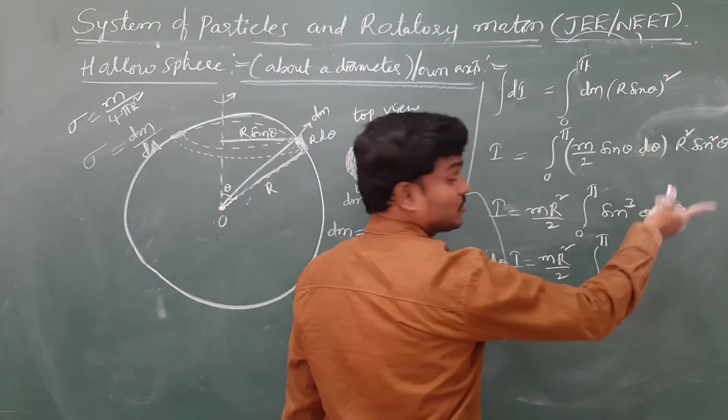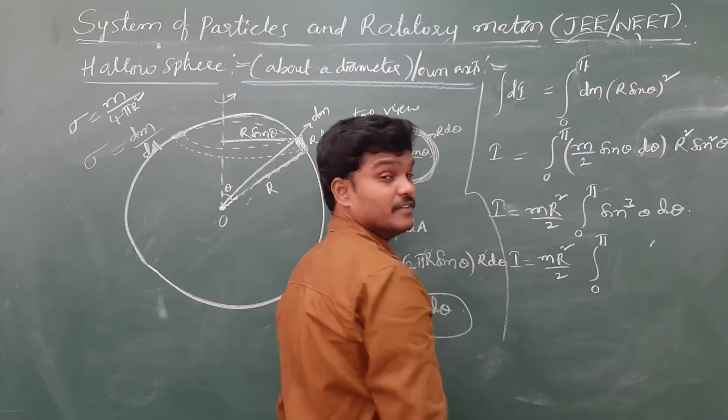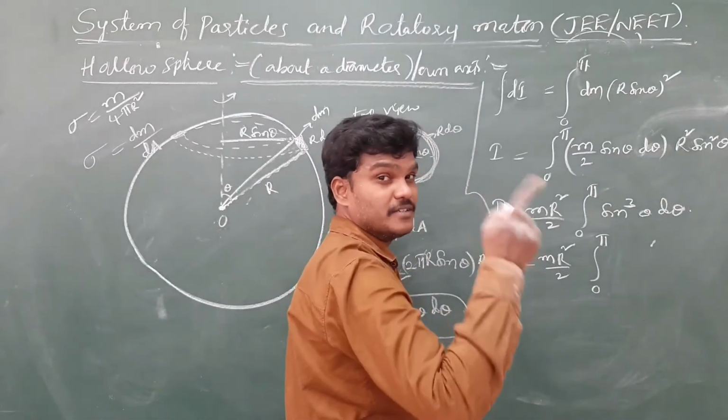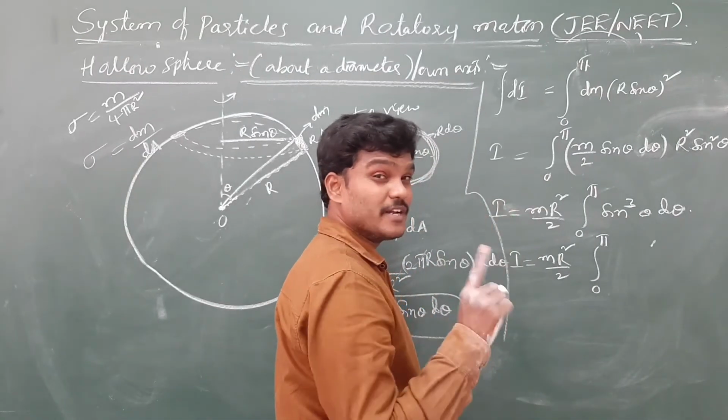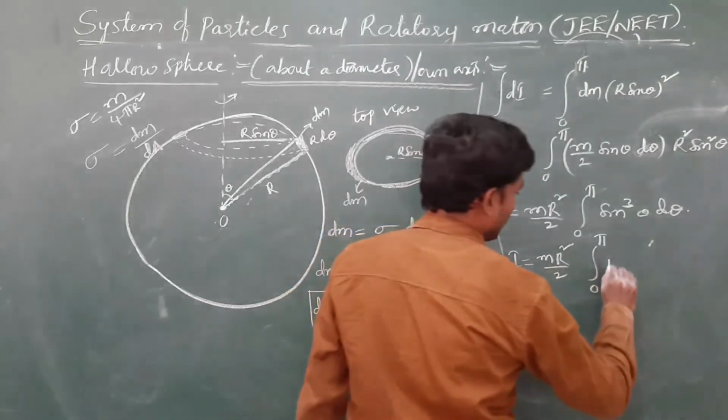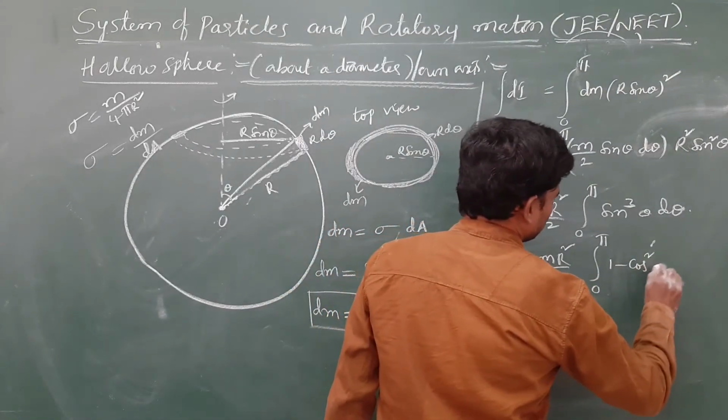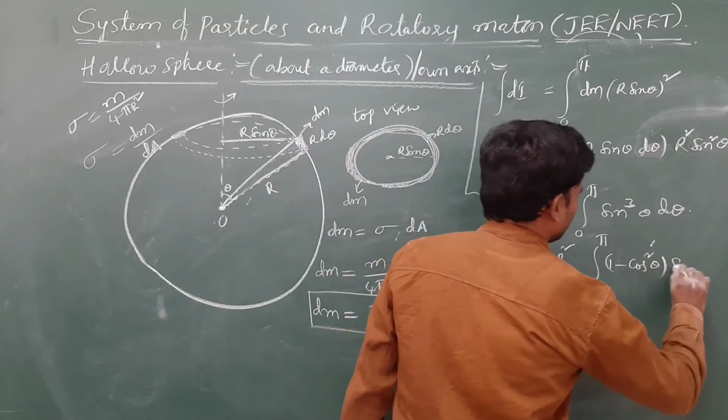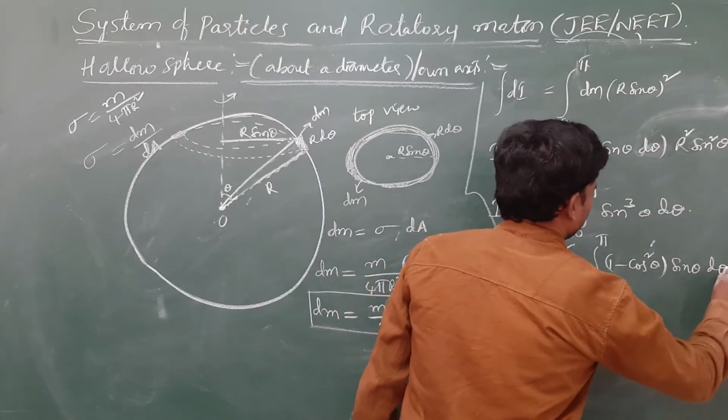Sin cube theta we can write as sin square theta into sin theta. Sin square theta, let me write as 1 minus cos square theta. So 1 minus cos square theta, sin theta d theta.